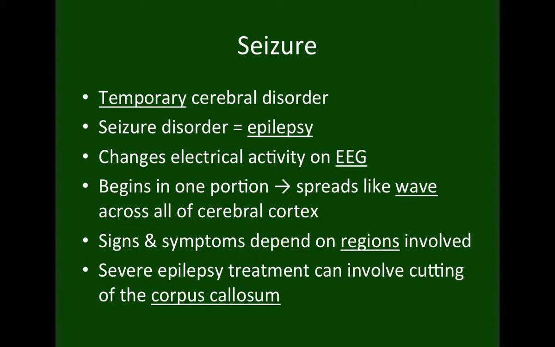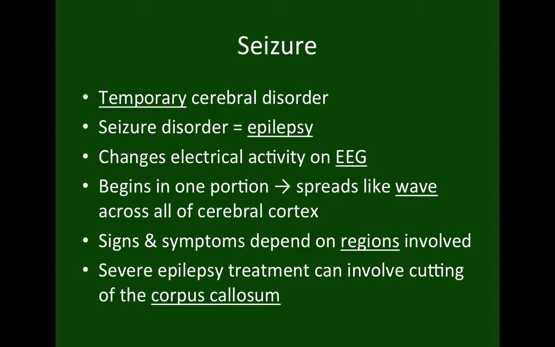There is some retraining and relearning of certain activities that the two sides coordinate with each other that has to happen, but it's not like a lobotomy where you're actually removing part of the brain. It's one of those things where the patient and the doctor have to work very, very closely with each other to decide what is best based on the current situation and level of impairment versus the side effects of the treatment.